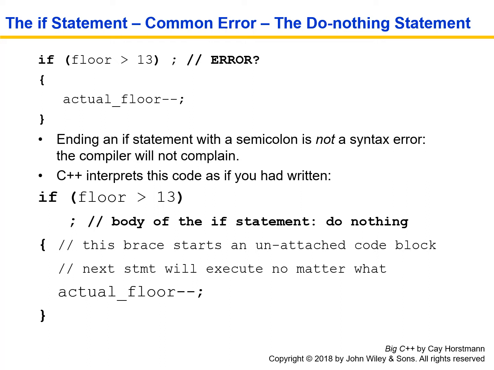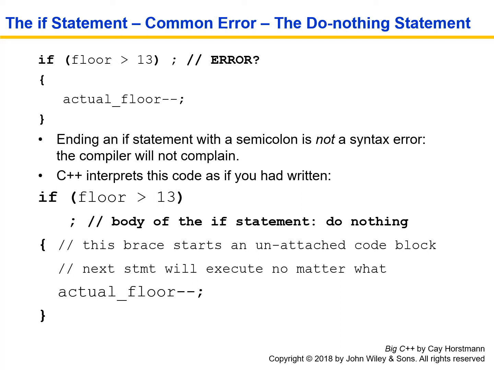Common errors: putting a semicolon at the end of your if statement. We've mentioned this a couple of times so far in this lecture. Ending an if statement with a semicolon is not a syntax error, in that the compiler will still compile your code. But if you're lucky, your compiler might pop up a warning indicating that semicolon maybe shouldn't be there.